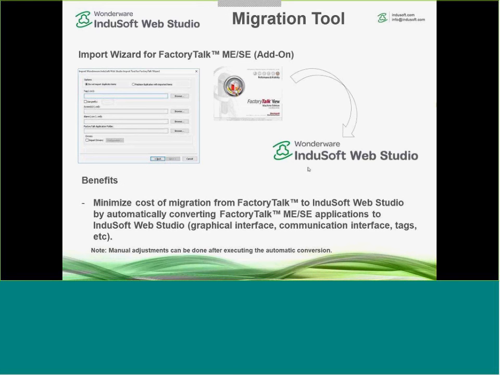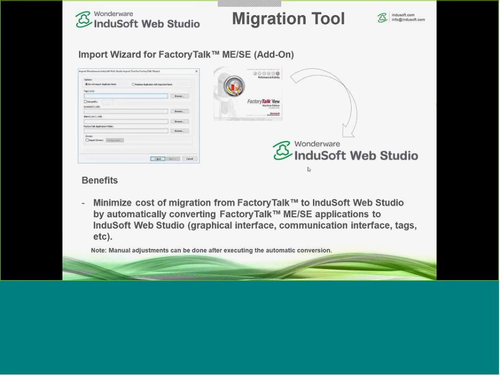You can export those applications out of FactoryTalk and import those application settings into InduSoft Web Studio, including most of the graphics, the animations, the objects, the expressions, the comments, the commands, the tags, and the communication interface.